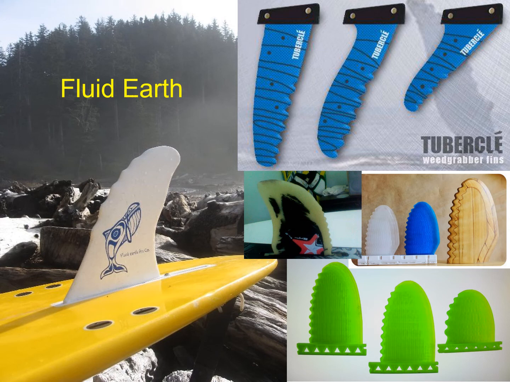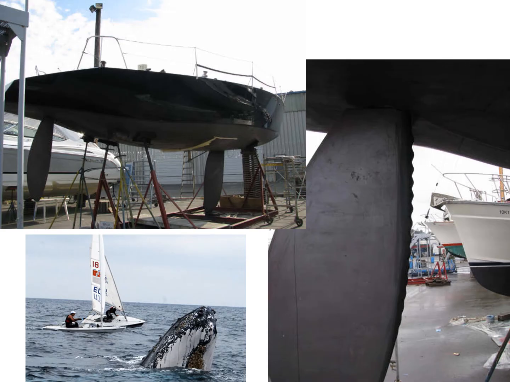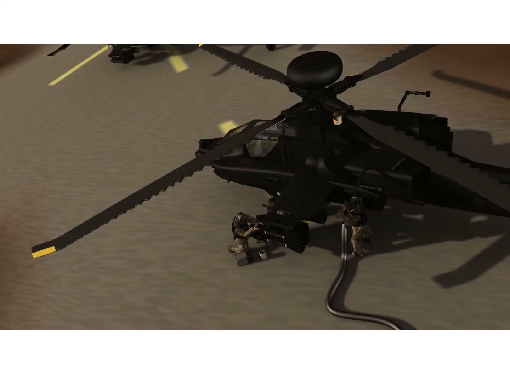They've actually started a company, and they're making these sort of leading edge tubercle shapes in, well, here you've got a surfboard. This is flippers. They're putting them on the rudders of boats, on race cars, on the blades of helicopters.